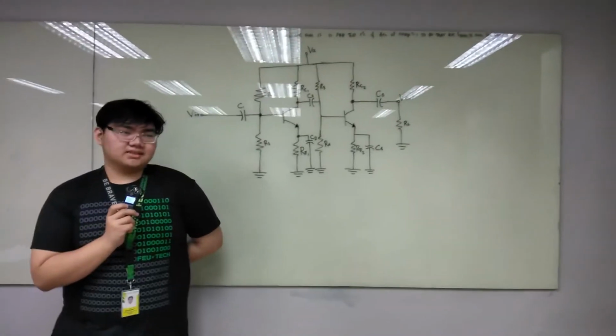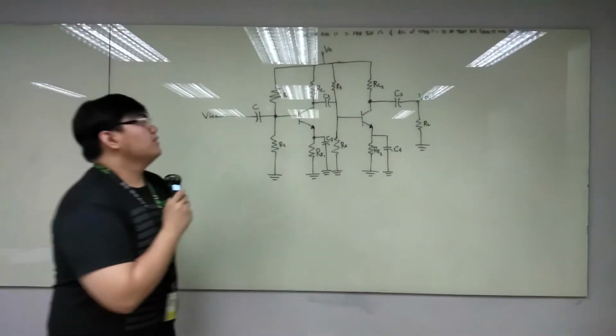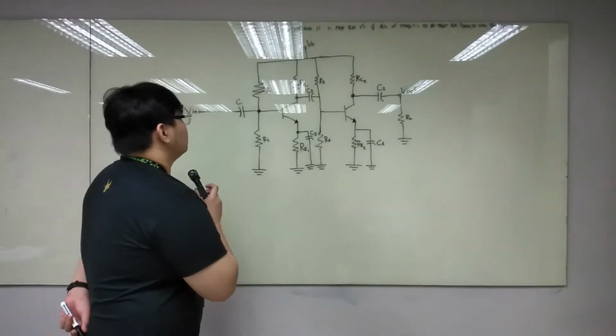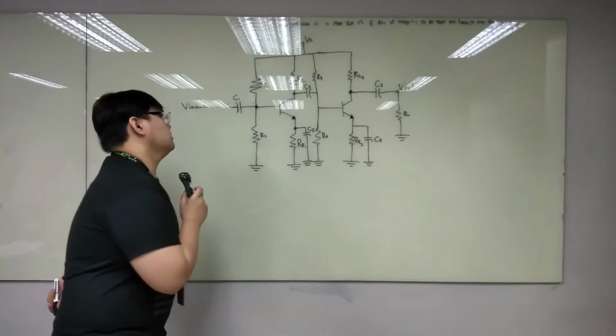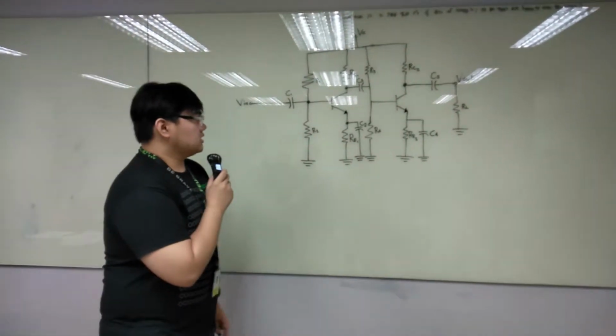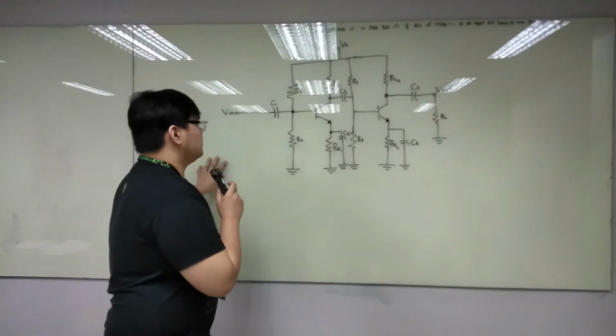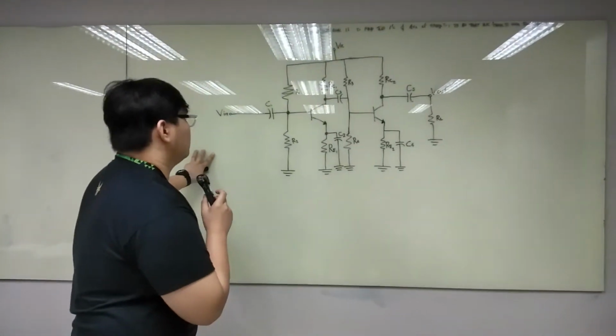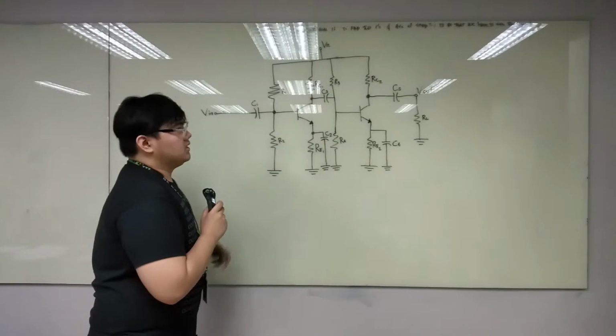Now, in this cascade multi-stage amplifier, we are solving for the AV of the two stages. In order for us to get the AV in stage 1, we would need the R prime E in stage 2.